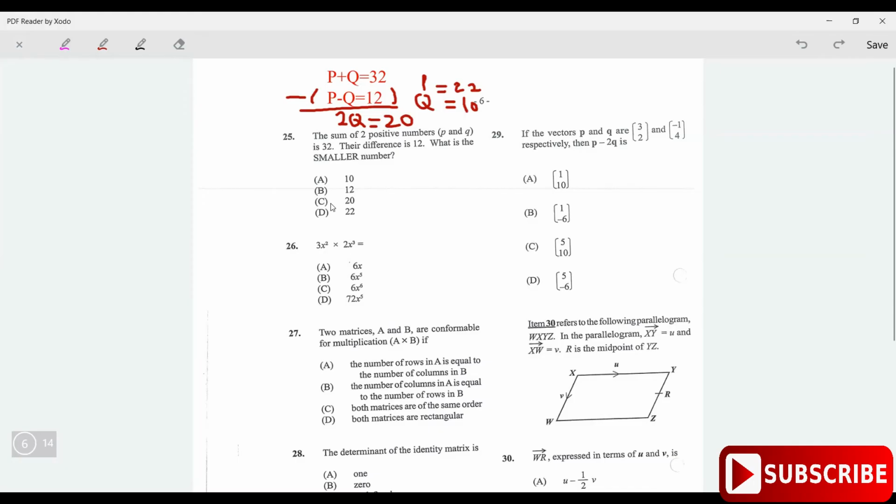So the smaller number q is 10. Easy. All right. Question 26 is a repeat question. This is a 2016 repeat.